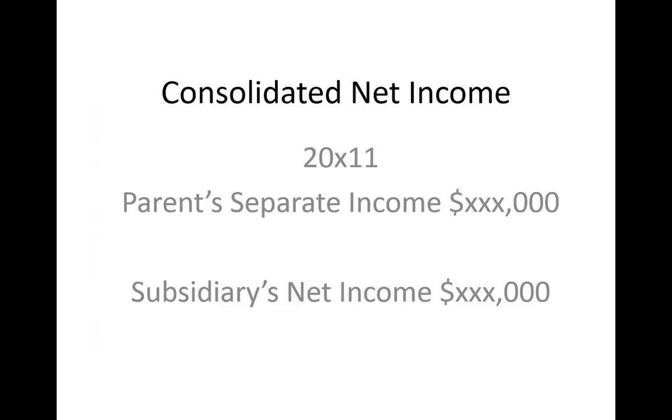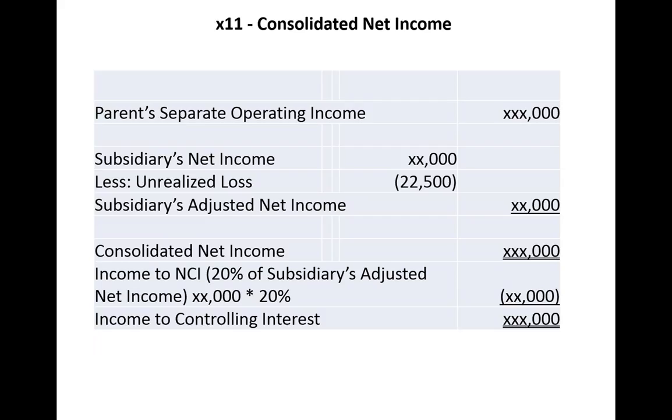And on the consolidated net income, since we have sold the equipment to an unrelated third party, any deferred gain or loss that was being postponed would now be recognized, and we see that as we would recognize the unrealized loss that exists when we do the consolidated net income.